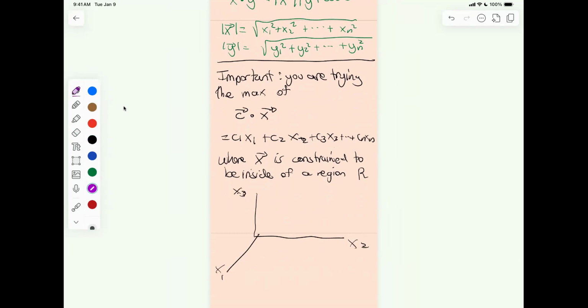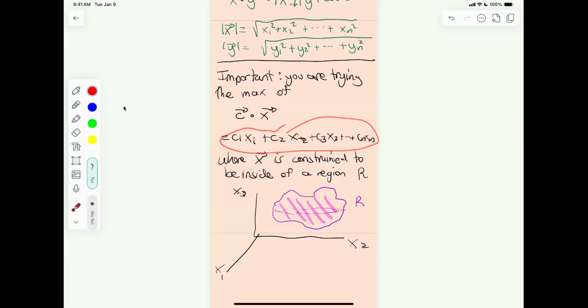Imagine you had a region R, and you're trying to find the max of this expression, but x is forced to be inside this region. By that, I just mean that the vector x has to be somewhere inside this region, so the vector x terminates inside the region R.